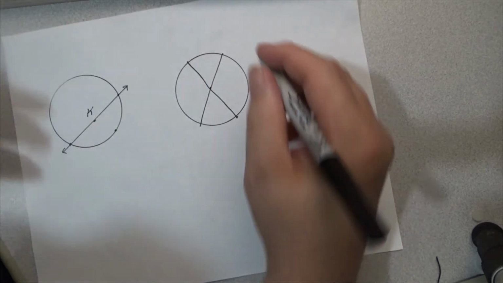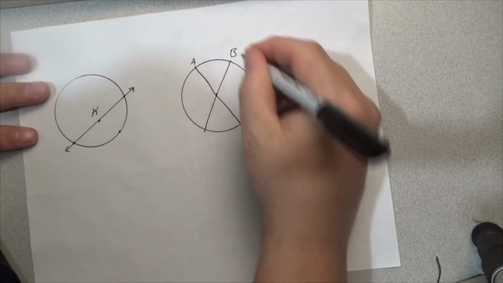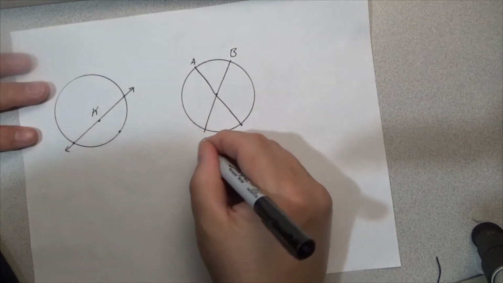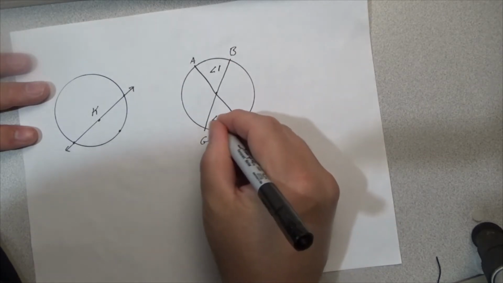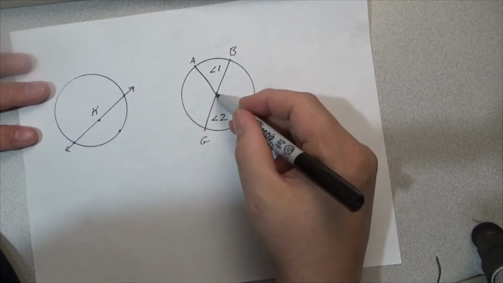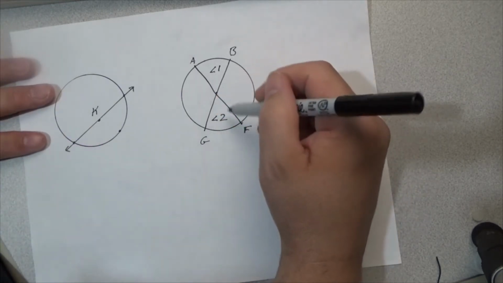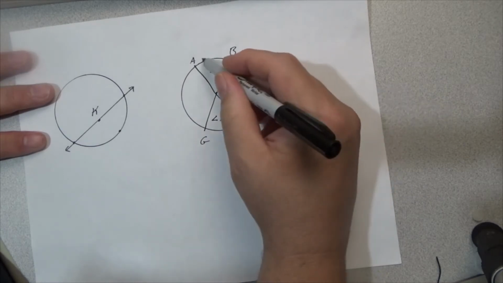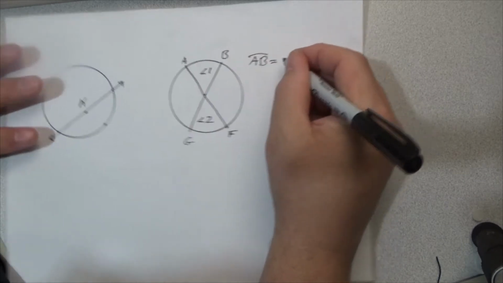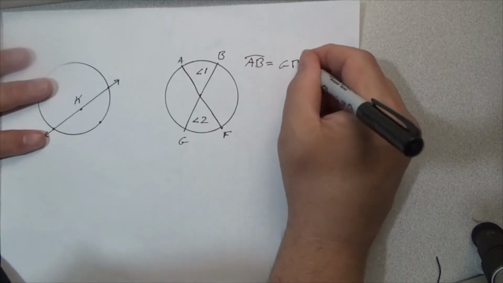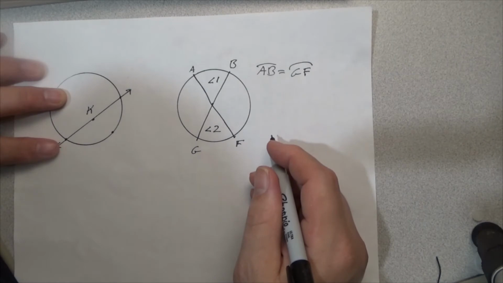We'll call them AB and GF. If this is angle 1 and this is angle 2, and these are central angles, then these angles are going to equal each other. So if angle 1 is equal to angle 2, then arc AB is equal to arc GF. That's what that one's talking about.